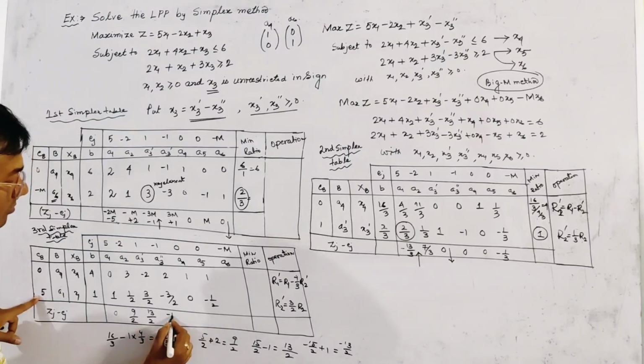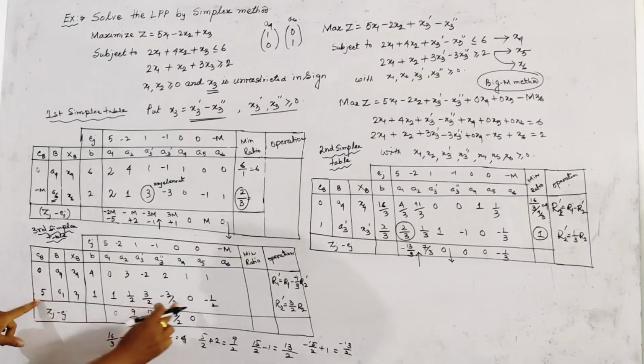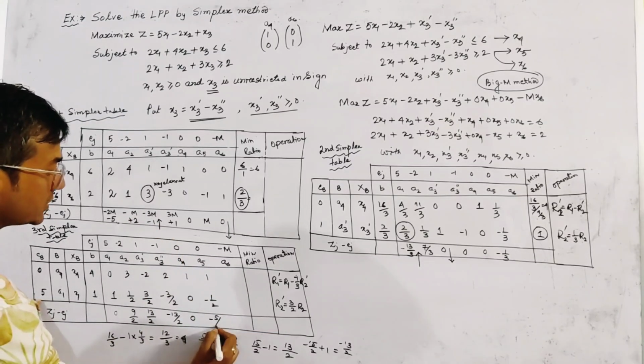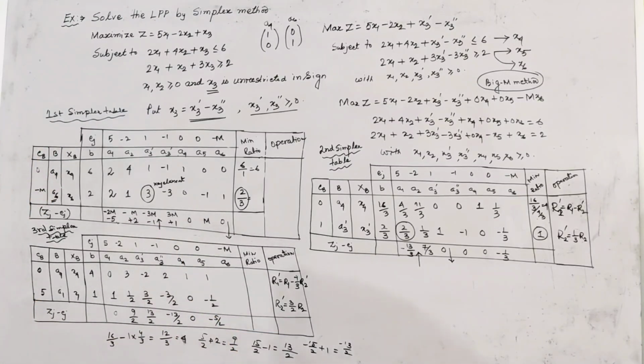We write here minus 13 by 2. This is obviously 0, and this is minus 5 by 2 minus 0. So this is minus 5 by 2. Right, and the net evaluation corresponding to all the basis vectors must be equal to 0.